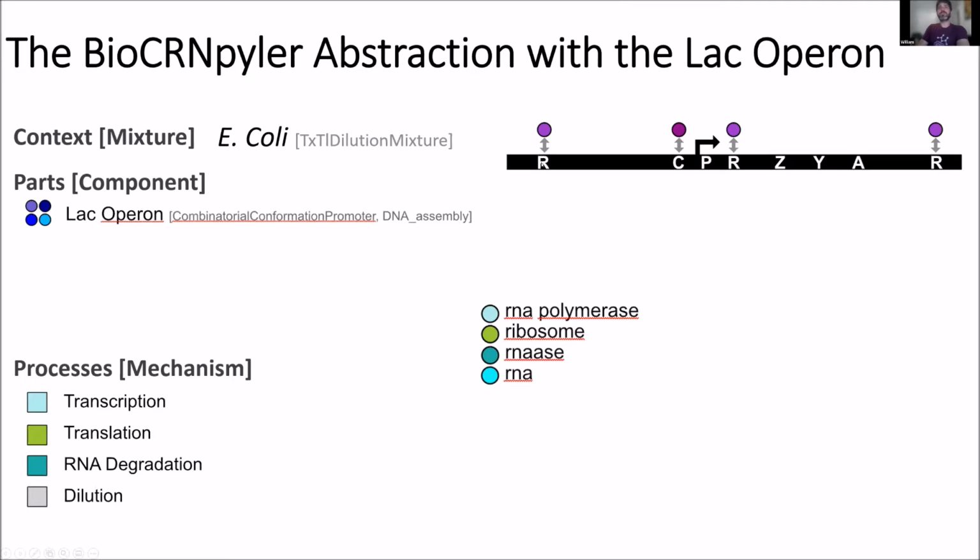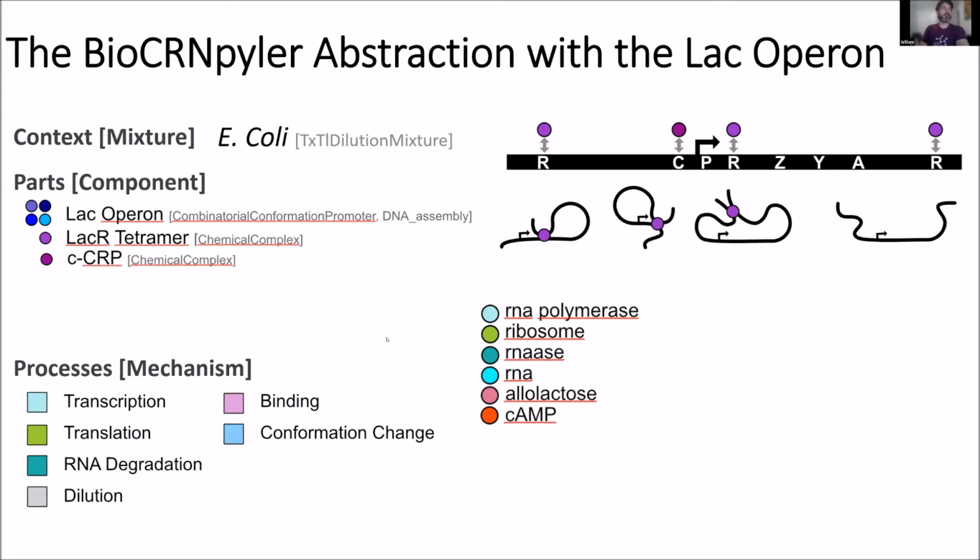And what this is really doing is modeling this construct as a bunch of binding sites where different things can bind. And when you start adding in the transcription factors that bind to the Lac Operon, the LacR tetramer, which we model as a chemical complex, and the CCRP transcription factor, which is also a chemical complex made of cAMP and CRP.